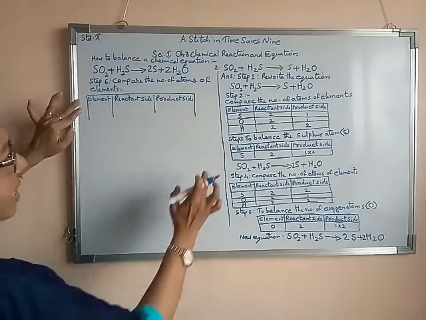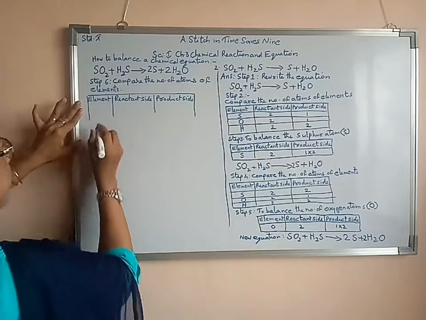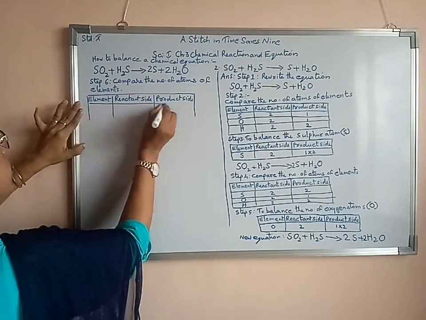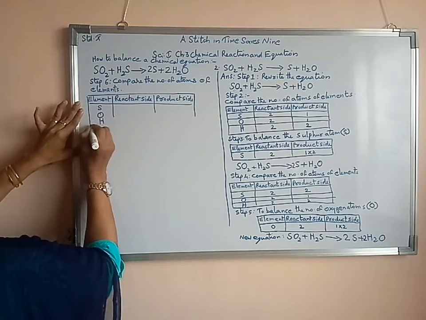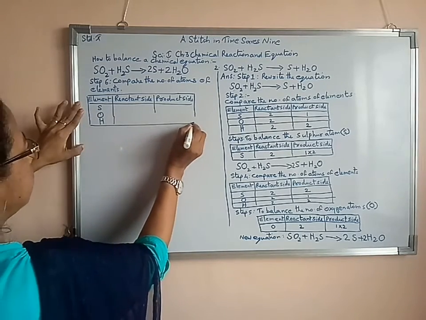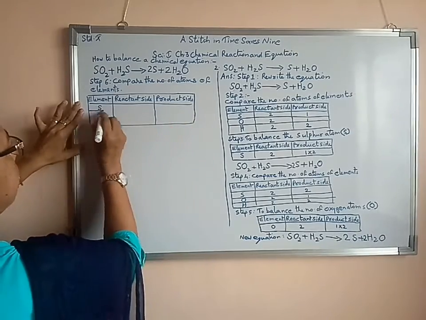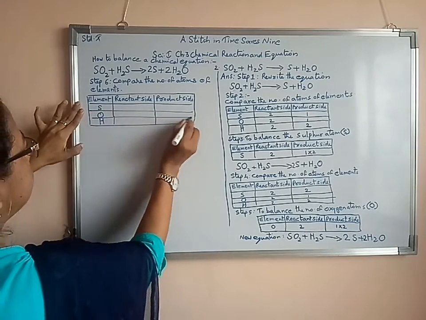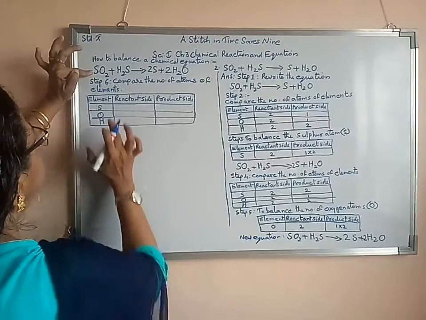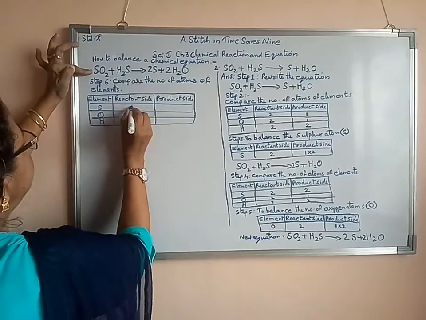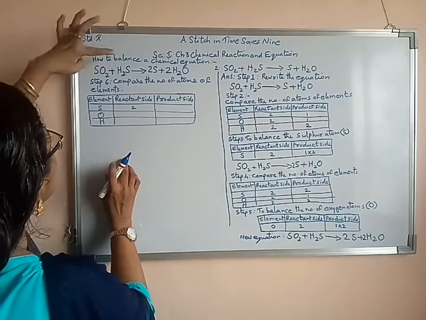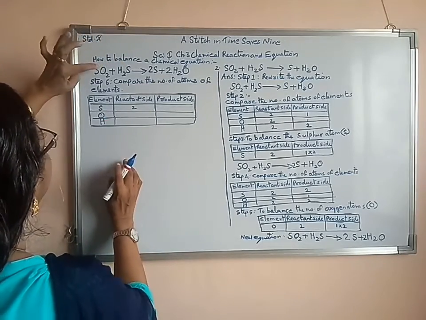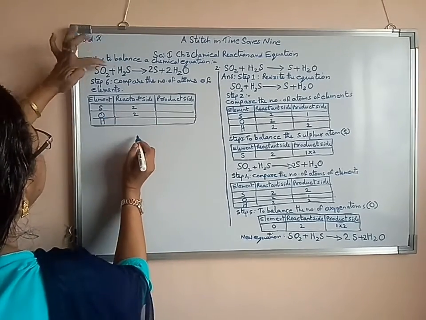Now here, which elements are there? Everywhere the same elements are there, that is sulfur, oxygen, hydrogen. We have to write the number of each now. On the reactant side first I am writing: sulfur 2, oxygen 2, hydrogen 2.